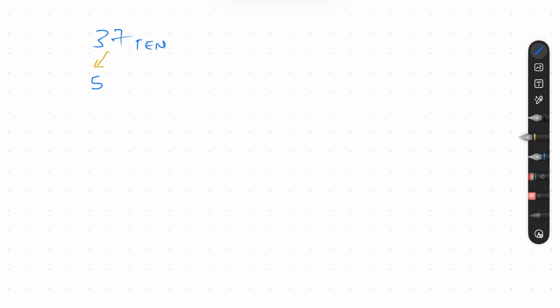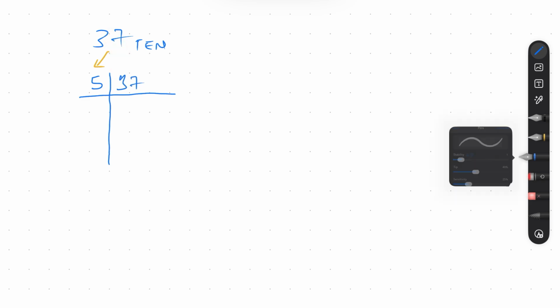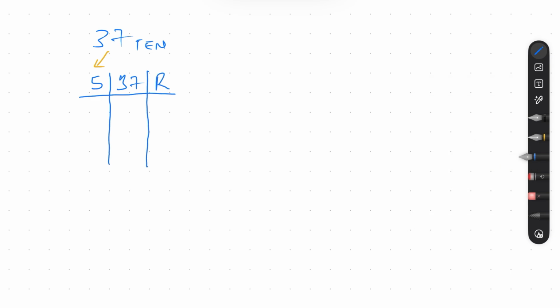So we write down our 5 here. Then we draw a simple line, because we're going to be doing division, right? Then we put down our number right here. So we have 37. Then we draw another line. Then write the remainder.